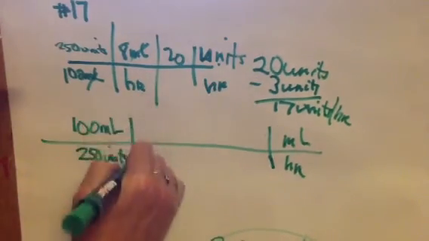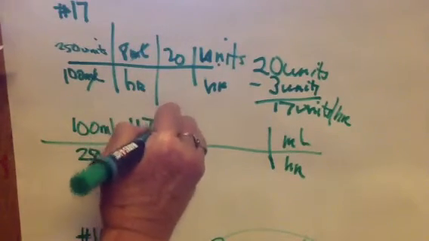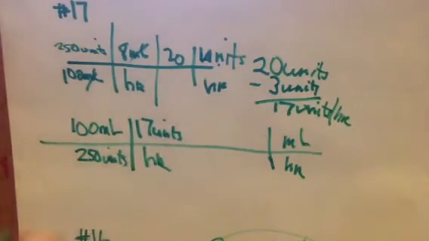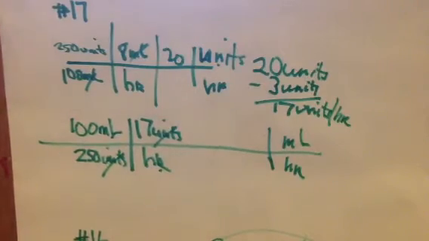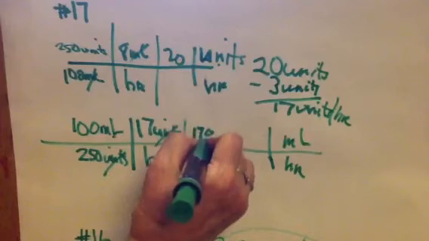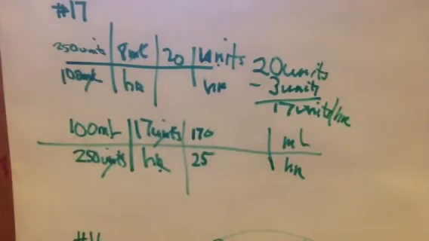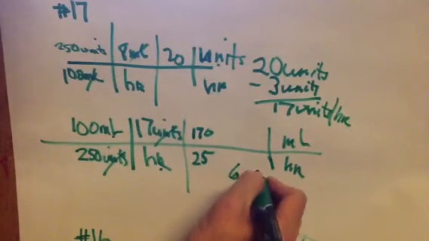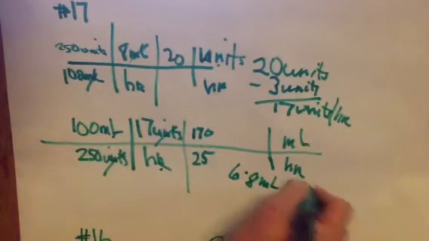We want the patient to have 17 units per hour. So you can see when we cross out the units, we're left with milliliters per hour, which is 170 over 25, which comes out to be 6.8 mils per hour.